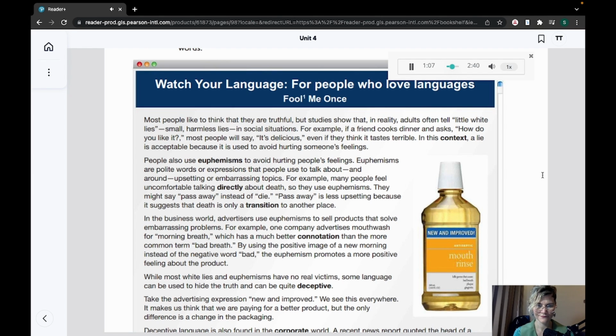In the business world, advertisers use euphemisms to sell products that solve embarrassing problems. For example, one company advertises mouthwash for morning breath, which has a much better connotation than the more common term bad breath. By using the positive image of a new morning instead of the negative word bad, the euphemism promotes a more positive feeling about the product.